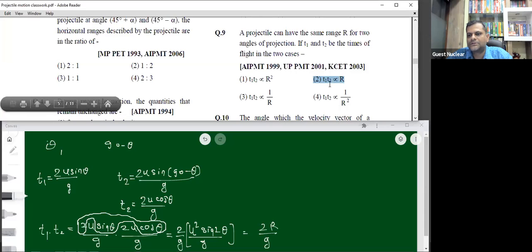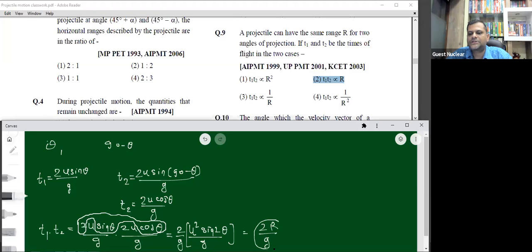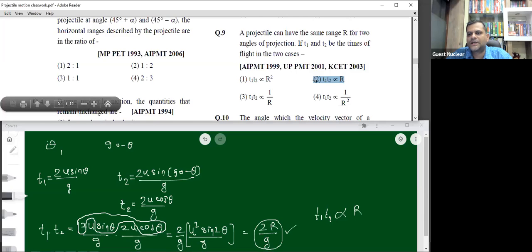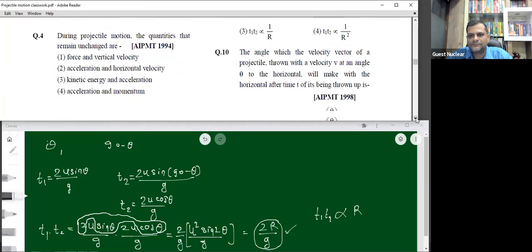Okay, because they are just asking what it is proportional to. तो ये t1 t2 किसके साथ प्रोपोर्शन में है, यही हमको निकालना है. हमने ऑलरेडी t1 t2 का एक्सप्रेशन निकाल दिया in terms of r, so we can get that this t1 t2 is actually proportional to r, which is clear from this second. Okay, चलो next one.